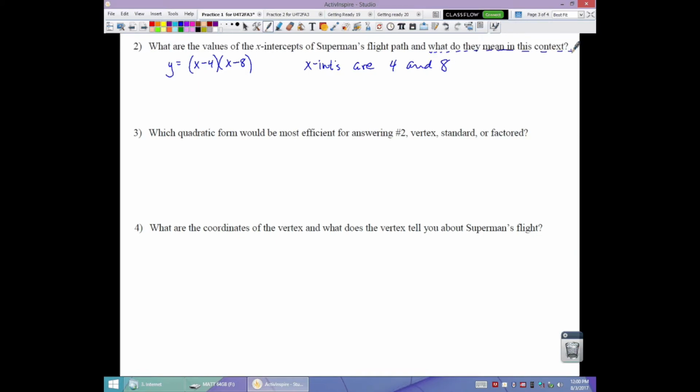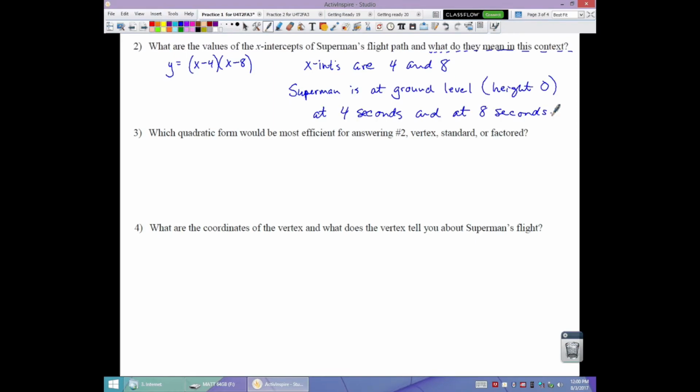As far as Superman and Lois Lane are concerned, 4 and 8 are the 2 times where Superman is at ground level, at height 0. So what that means is he, flying from the ledge, first hit the ground at 4 seconds, then he proceeded underneath, grabbed Lois, and he burst back up out of the ground at exactly 8 seconds.